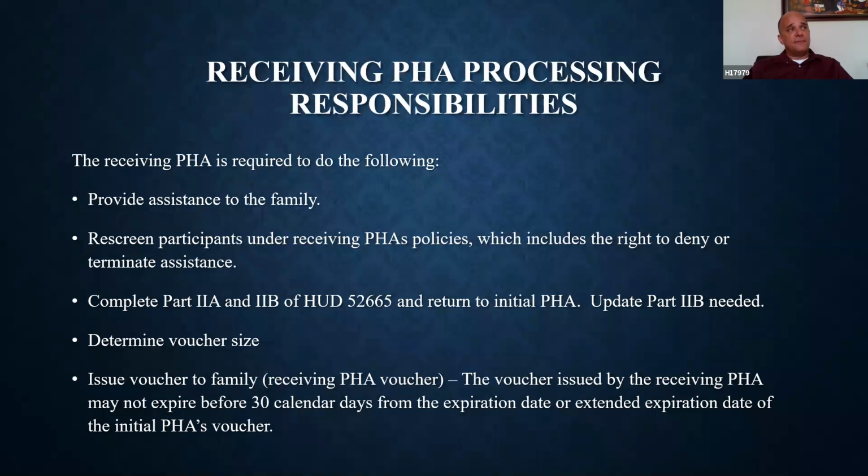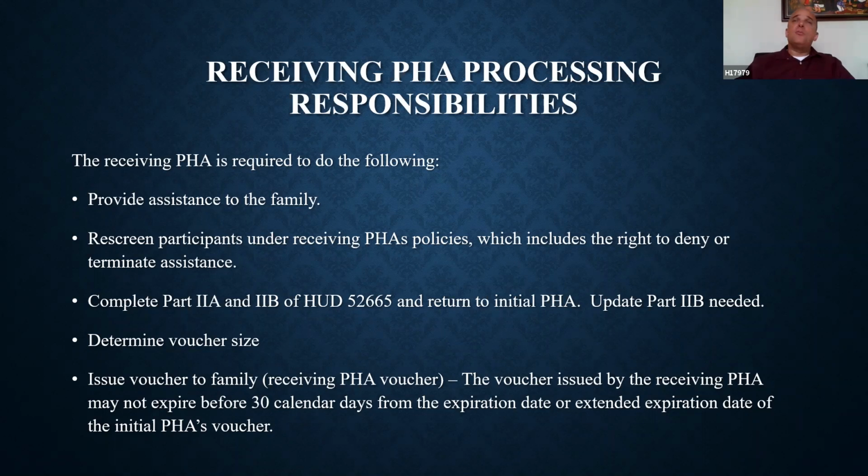So for instance, let's say we have a case in which an initial PHA forwards a family to the receiving PHA's jurisdiction, and that family does not meet the receiving PHA's income eligibility requirements. Well, the receiving PHA can deny the receipt of that family.